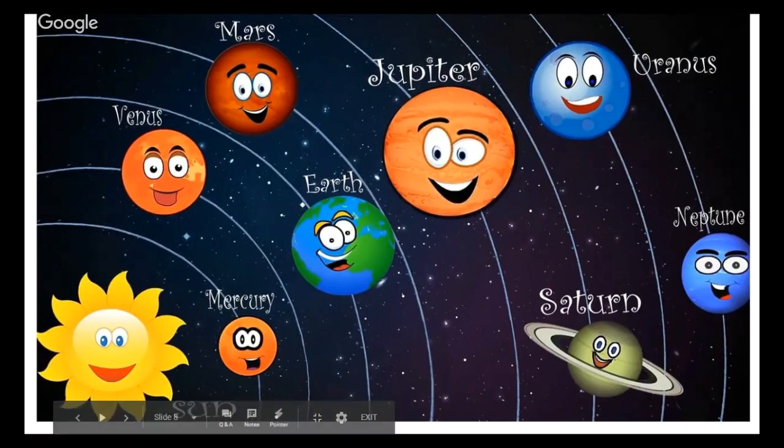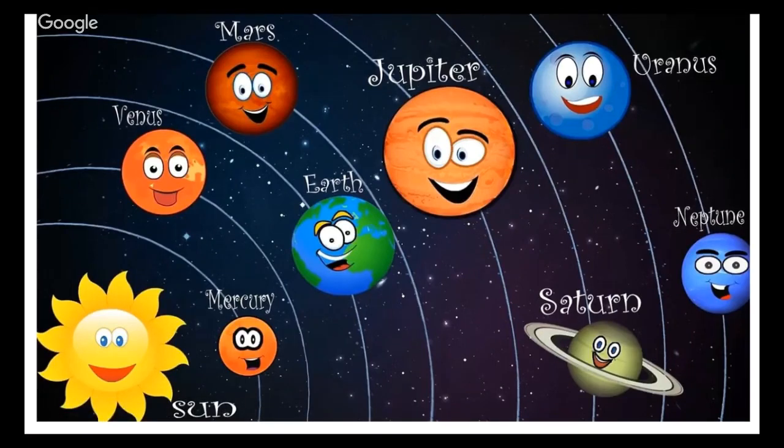List the inner planets for me, please. Mercury, Venus, Mars. And no, Jupiter is not one of the inner planets. So list the outer planets now. Jupiter, Saturn, Uranus, and Neptune. All right.